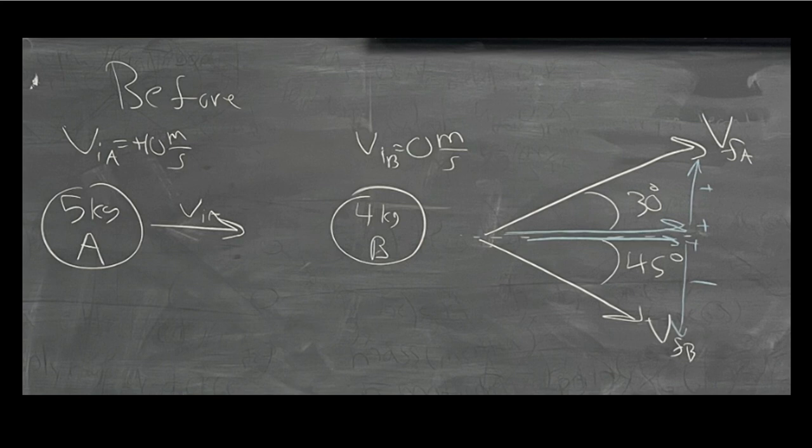Object B's final velocity has a negative y component because it is downward. Object A's initial velocity is only in the x direction, therefore its initial velocity in the y direction is 0. And because object B was initially at rest, just like its x component of velocity, its y component will also be 0.